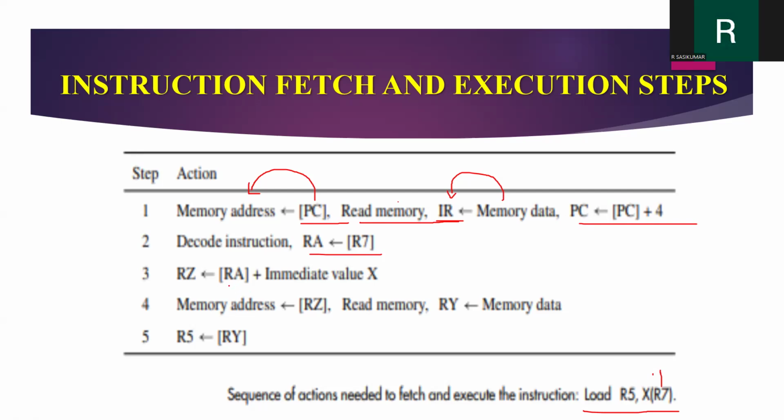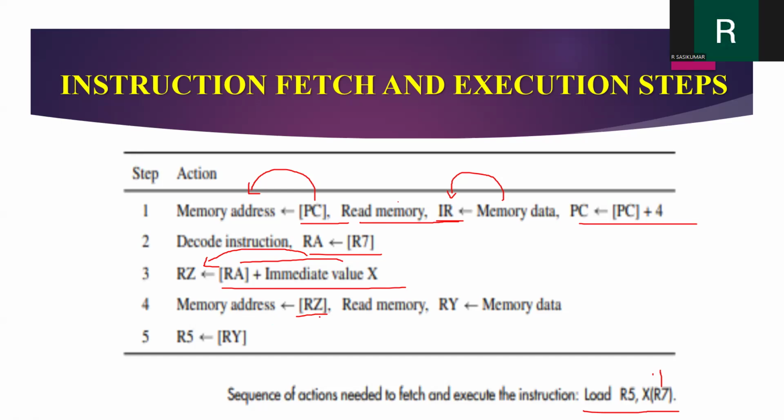So in step 3, we perform the add operation with the help of ALU. The content is added with the offset value, but that is not the original data yet, that is the address, and it will be supplied to register RZ. Again, in the fourth step, the content of RZ will be transferred to memory address. So far, the data is not available directly.